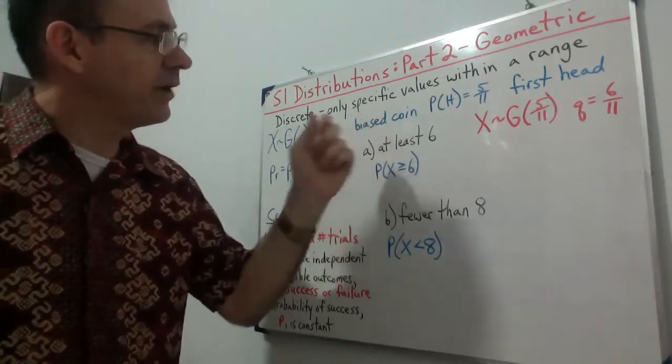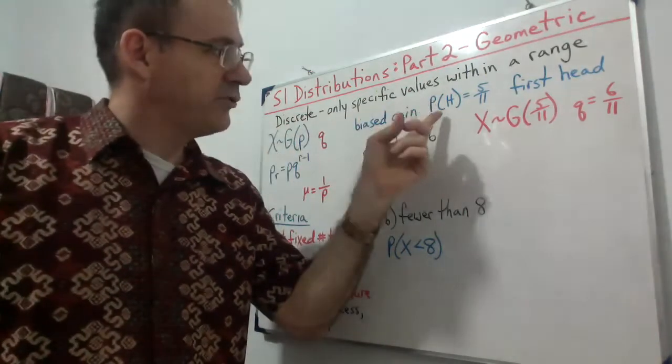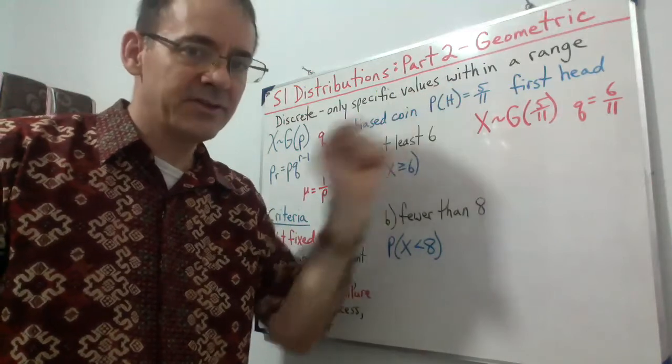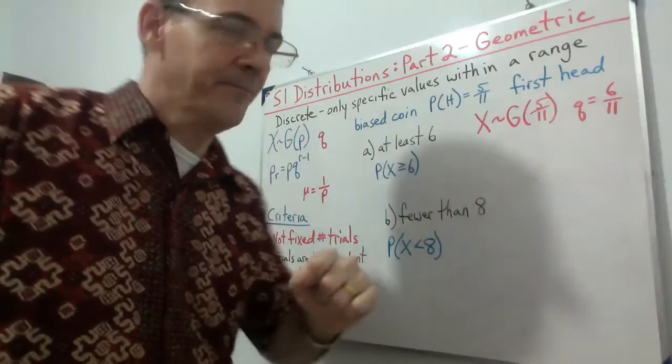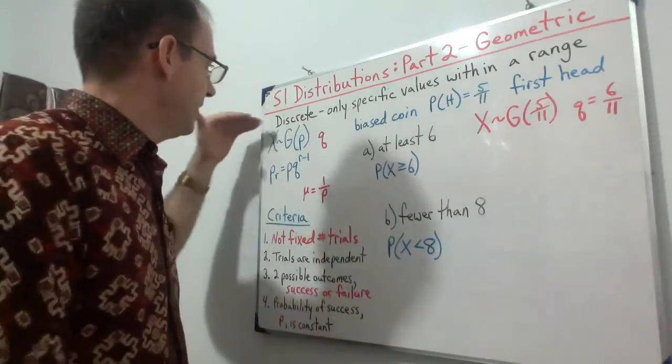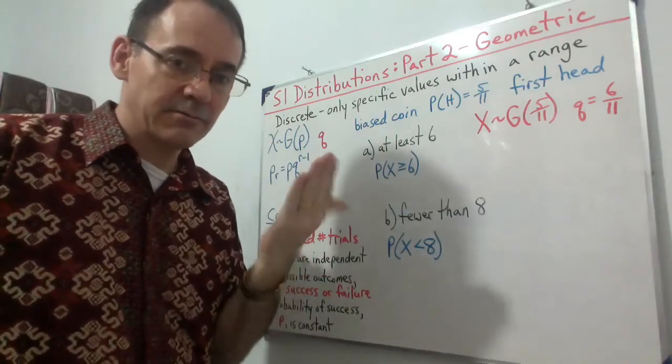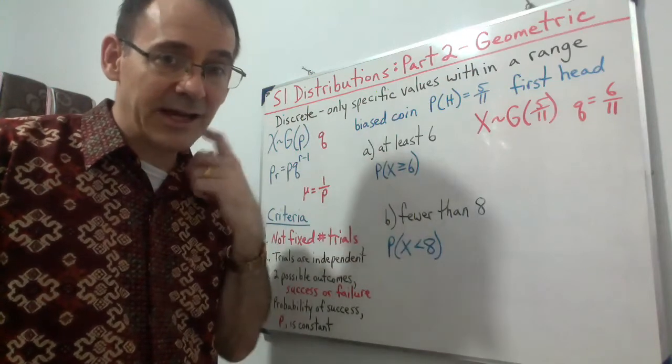It's a biased coin where the probability of you getting a heads is 5/11, and you're going to flip the coin until you get the first head. So since, again, it's discrete, your outcomes are either head or tail.